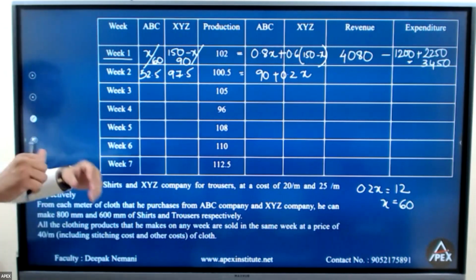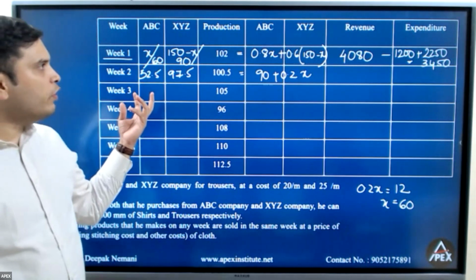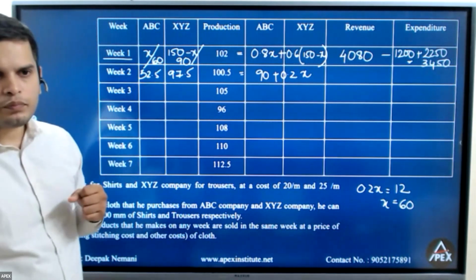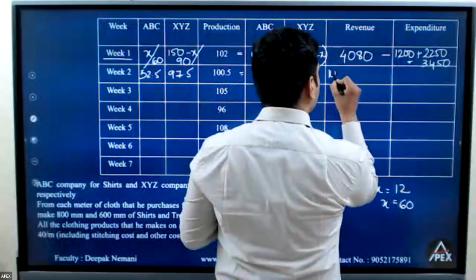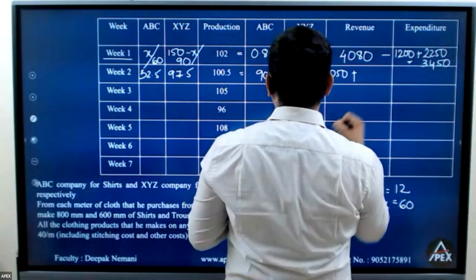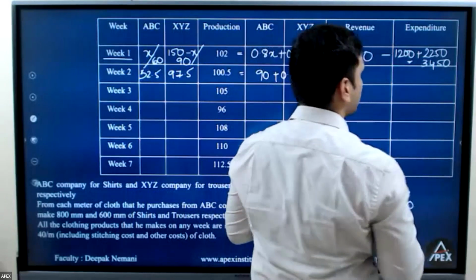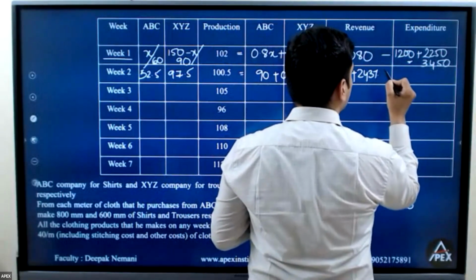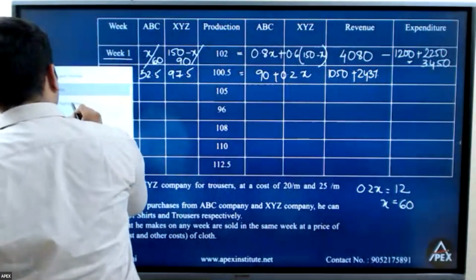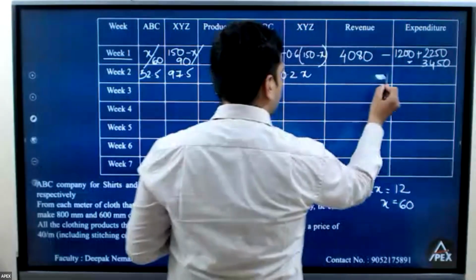Now revenue, 52.5 into 20, 1050, plus 97.5 into 25. Expenditure, my bad. So what is the combined expenditure?